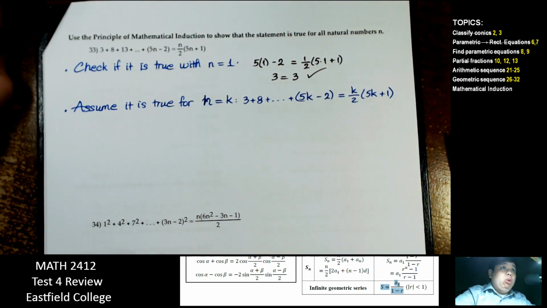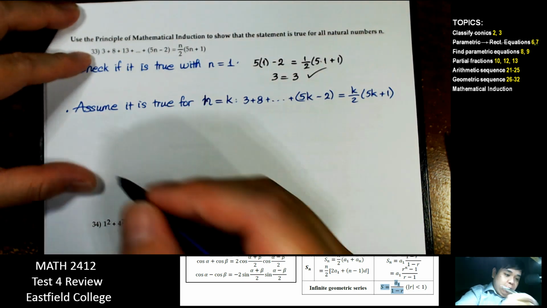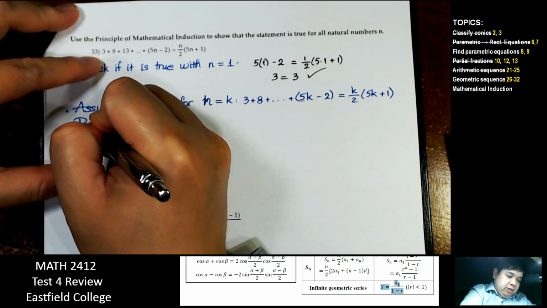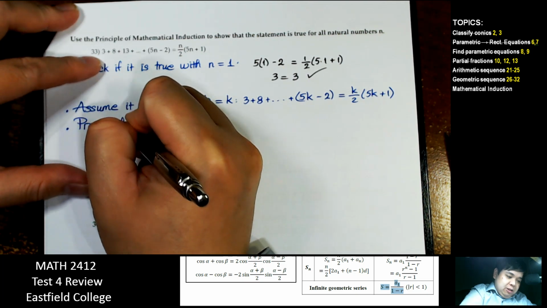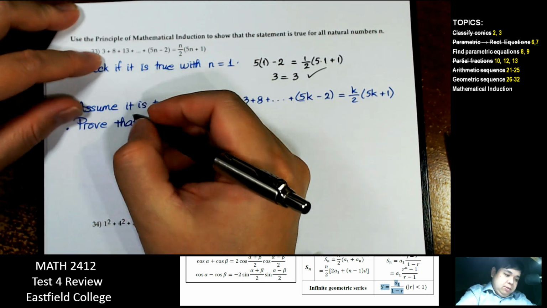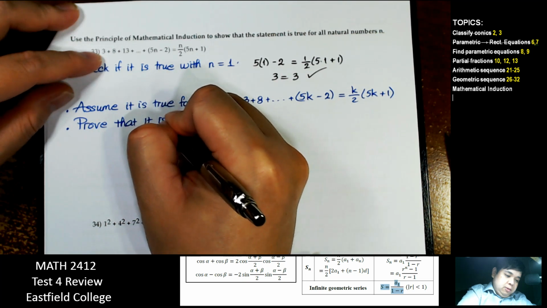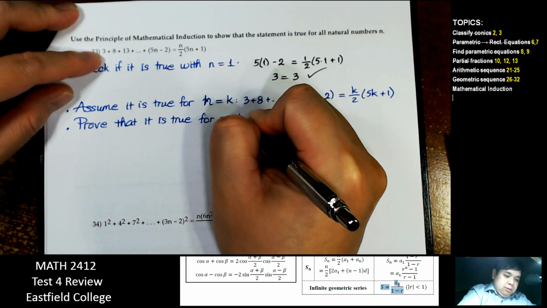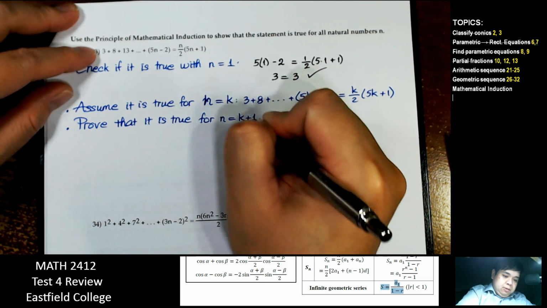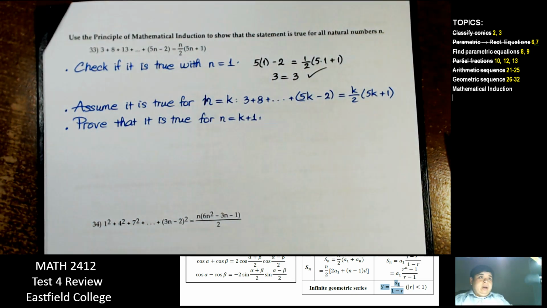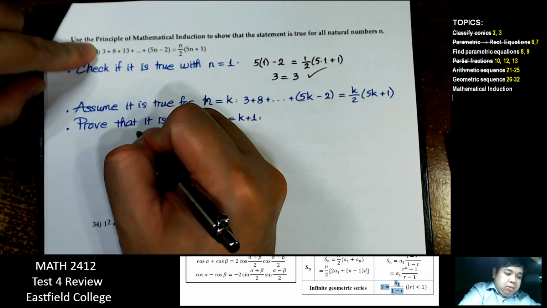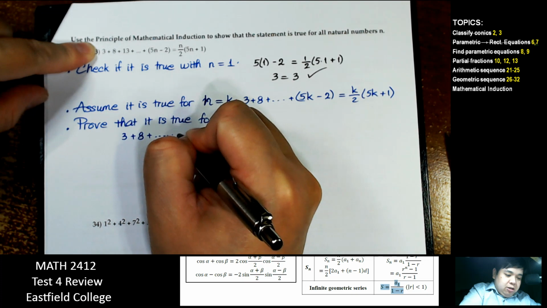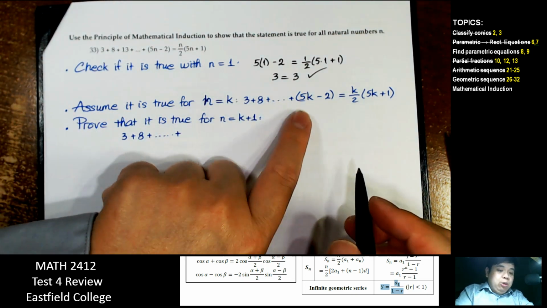Next, we will prove that it will be true for n equal to k plus 1. This is the main part of the proof. So the left hand side, we will copy it again, 3 plus 8 plus dot dot dot. Right. First, it will go up to this term.